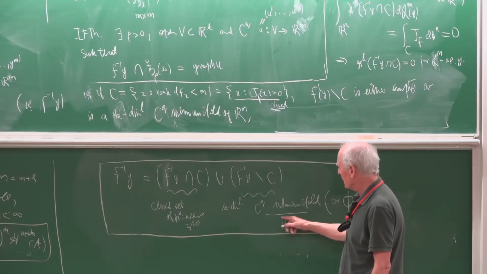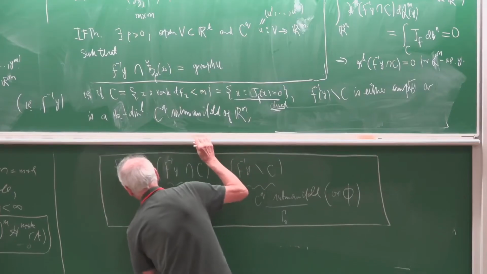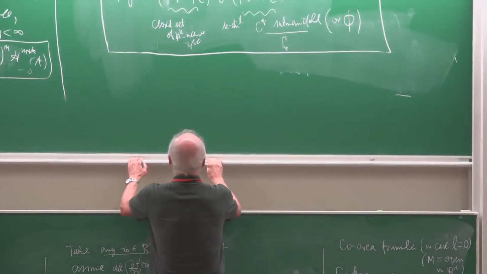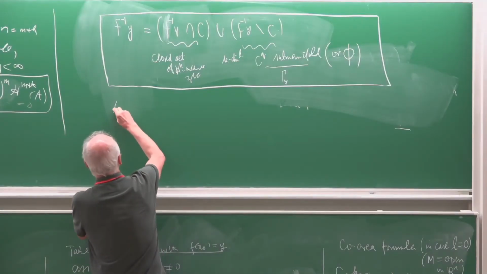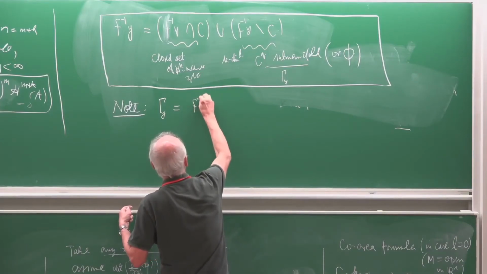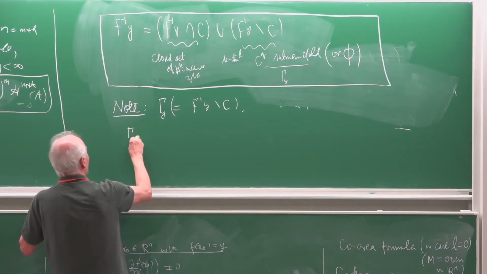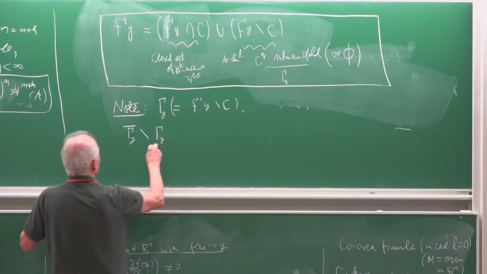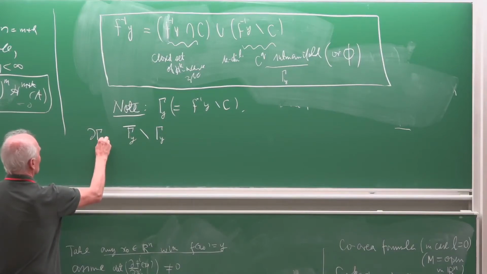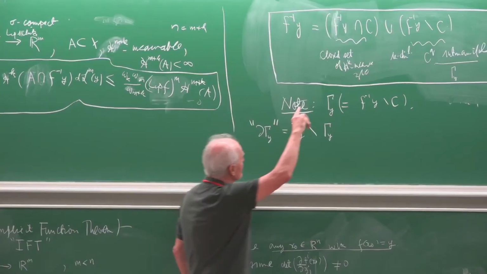Notice that by construction, the closure of gamma minus gamma itself, which you can think of as the boundary of the manifold, is contained in f^-1(y) intersect C.